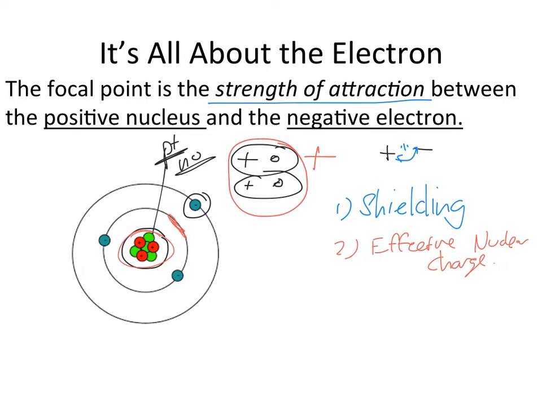And finally, the last one is the distance between the electron and the nucleus. When we say electron, there's usually one that we're focusing on, and usually that one is the outer, or valence, electron. The inner electrons don't really have much to do with reactivity, at least for our level, so it's all going to be about these valence electrons.